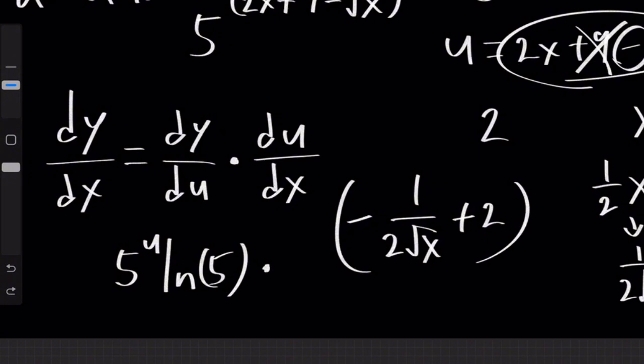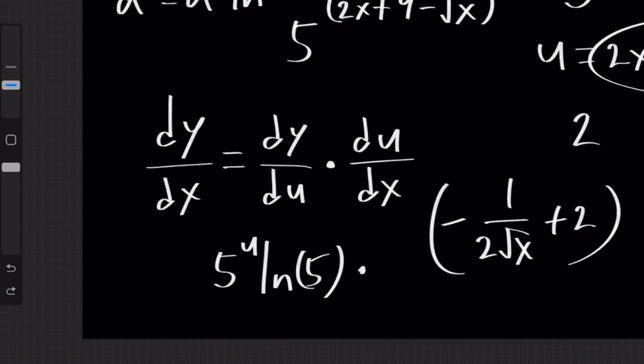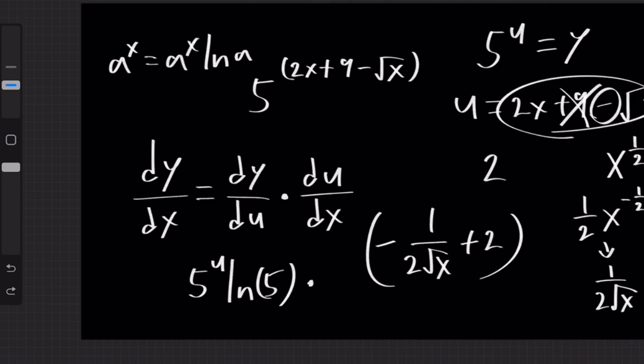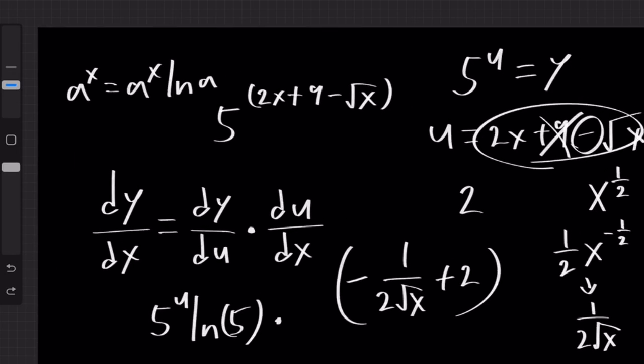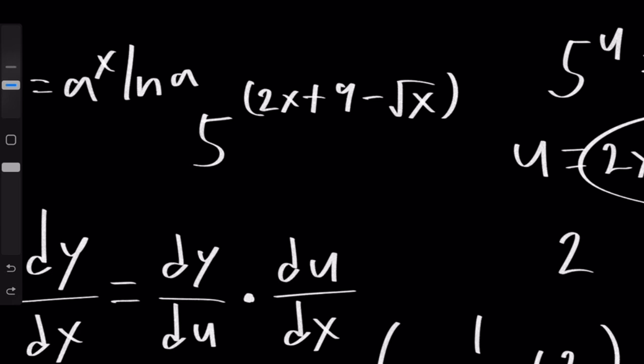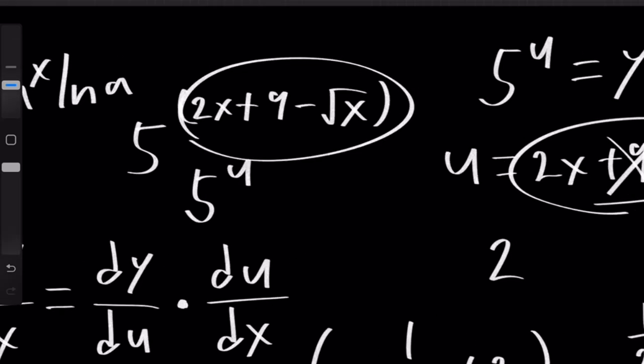That's the derivative. If you want to simplify it, you can, but I'm not going to. This whole thing is going to be the derivative of this. And that's the chain rule. That's how you apply the chain rule. It's basically just separating a function like this into multiple parts. So the first part would be 5 to the u, the second part would be this.